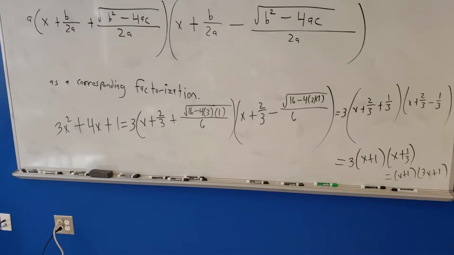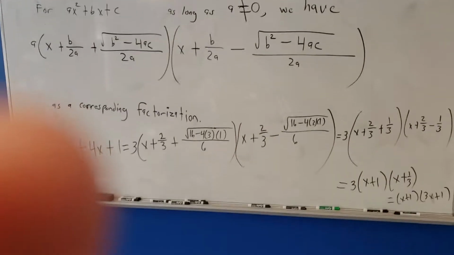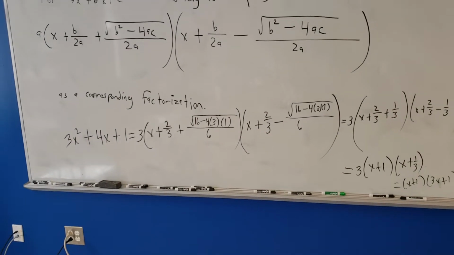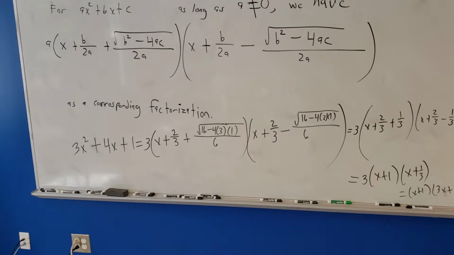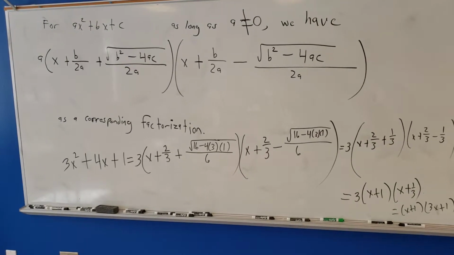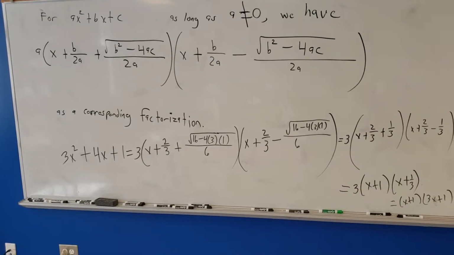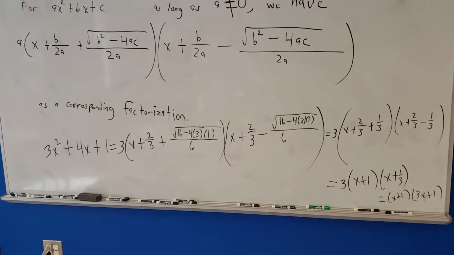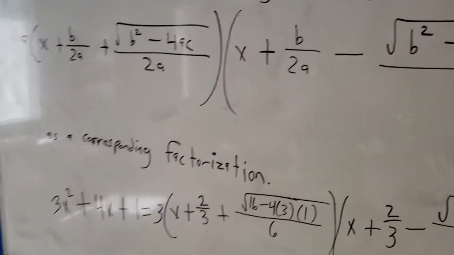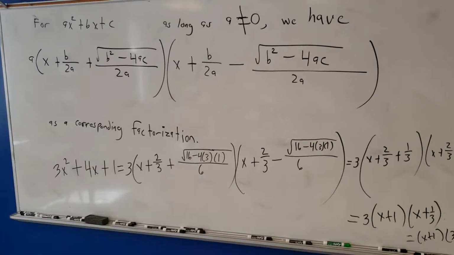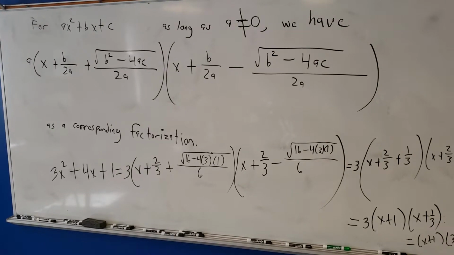Now, for this one, a is 3, and we do x plus b over, a copycat of the general formula above. A is 3, so now we do x plus b over 2a. Keep in mind, in ax squared plus bx plus c, b is 4.